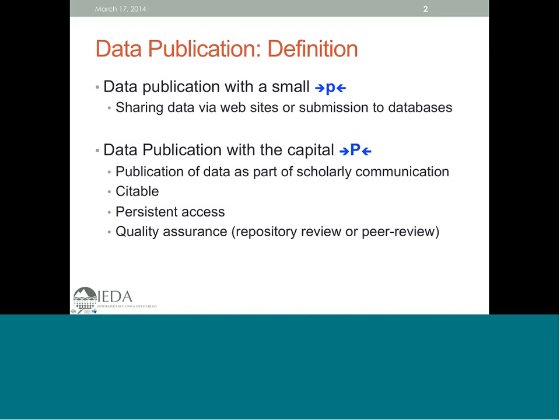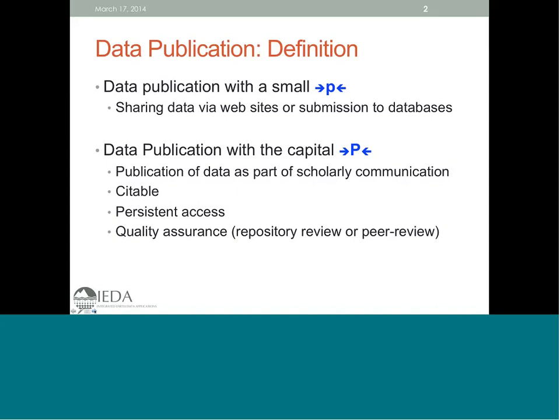And that's what we define as a small p, because it's very informal, and as you well know, a website can disappear. People don't maintain it. You get your 404 error.